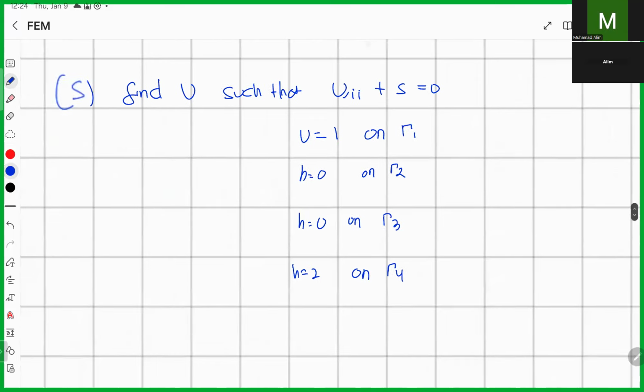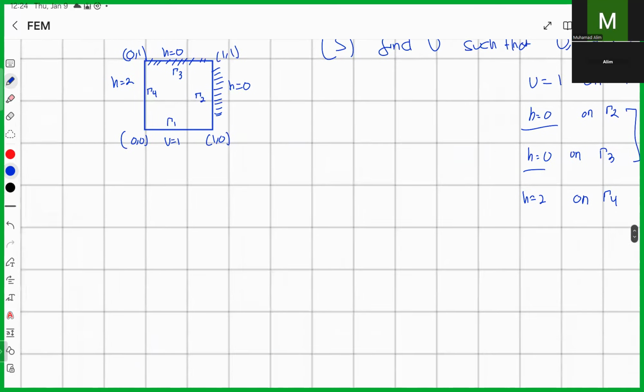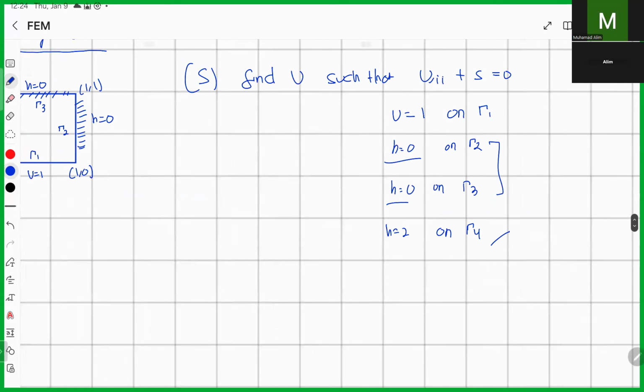So this is what we have. Because we cut the domain, these two values are definitely 0. So this is our strong form.